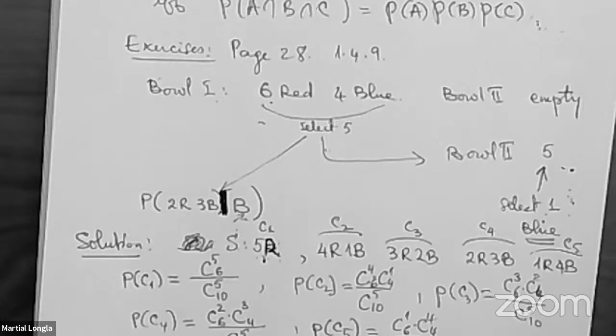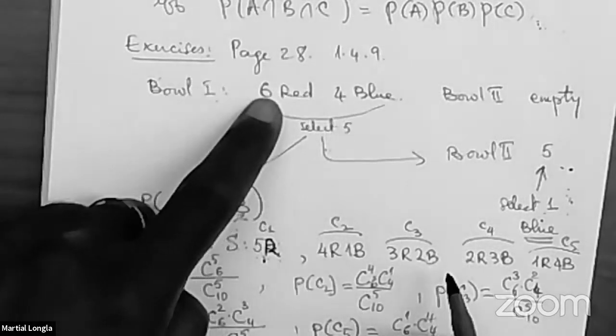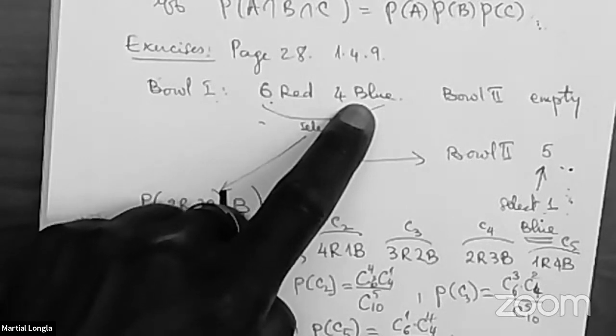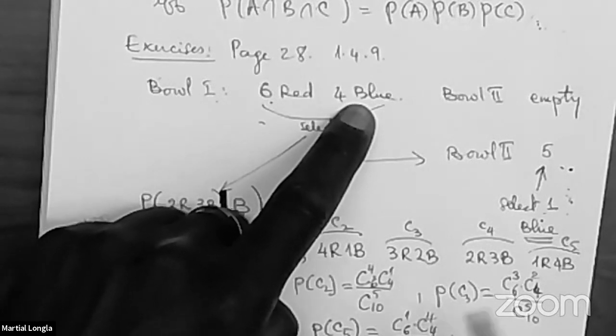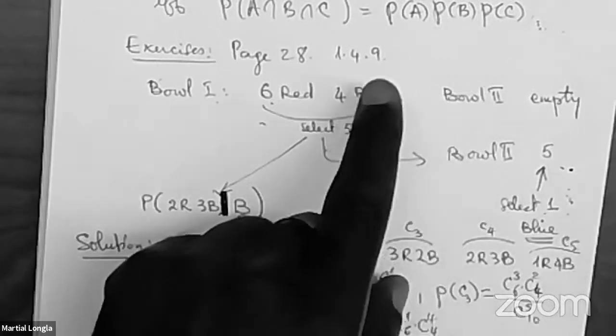With replacement, here, for example, we could have 5 blue. If we are selecting with replacement, then there is one subcase that is added because we could have 5 blue.